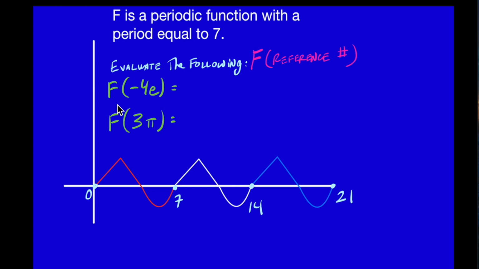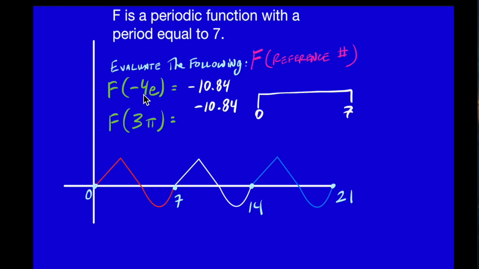Next, we have f of negative 4e. Negative 4e is approximately negative 10.84. Okay, clearly we are not in the reference zone. The reference zone is between 0 and 7. We are at negative 10.84.